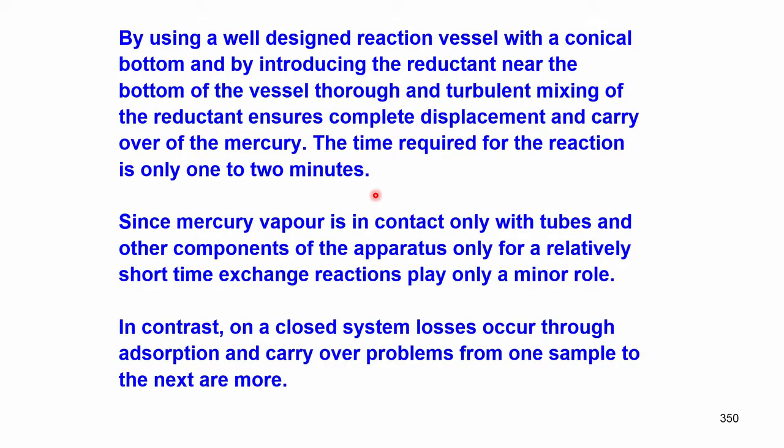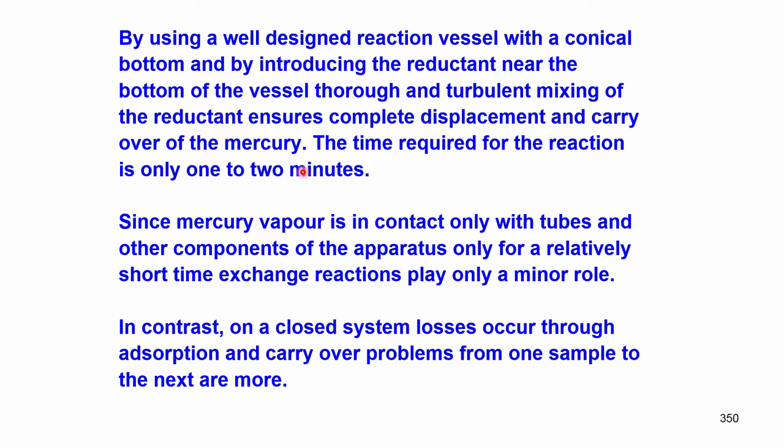By using a well designed reaction vessel, which I had shown you earlier, with a conical bottom, introducing the reductant near the bottom of the vessel, and thorough and turbulent mixing of the reductant, all these things ensure complete displacement and carryover of the mercury. The time required for the reaction is only 1 or 2 minutes.